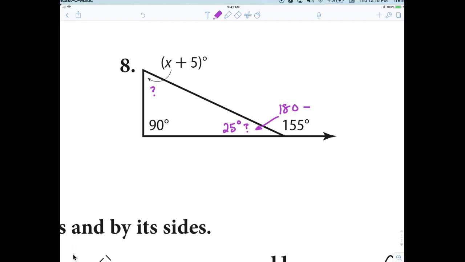All right, so now this angle, everybody needs to put here, this angle measures 65 degrees. But that didn't solve for x. What would x have to be? Does everybody see why x is 60? So x equals 60.